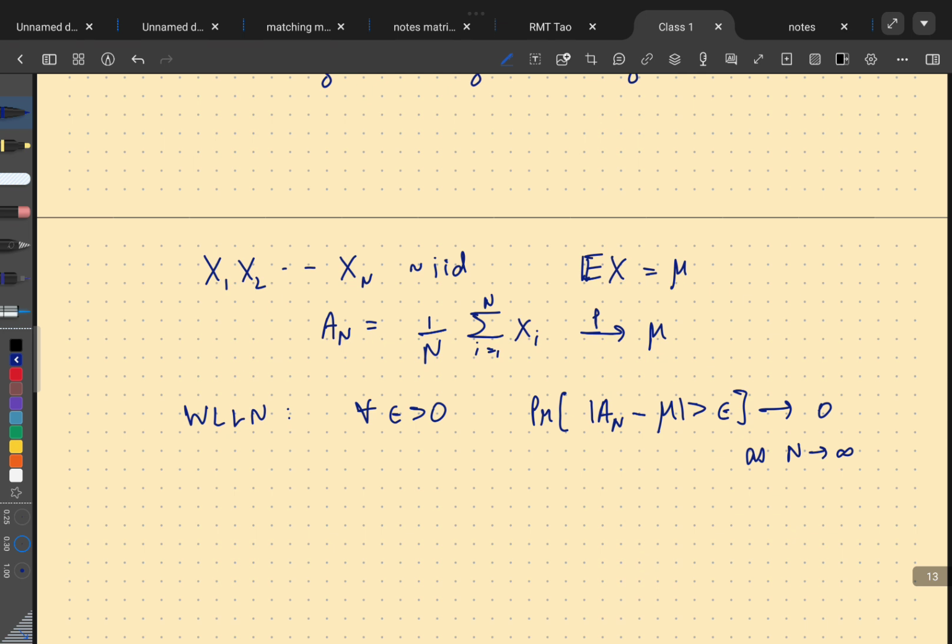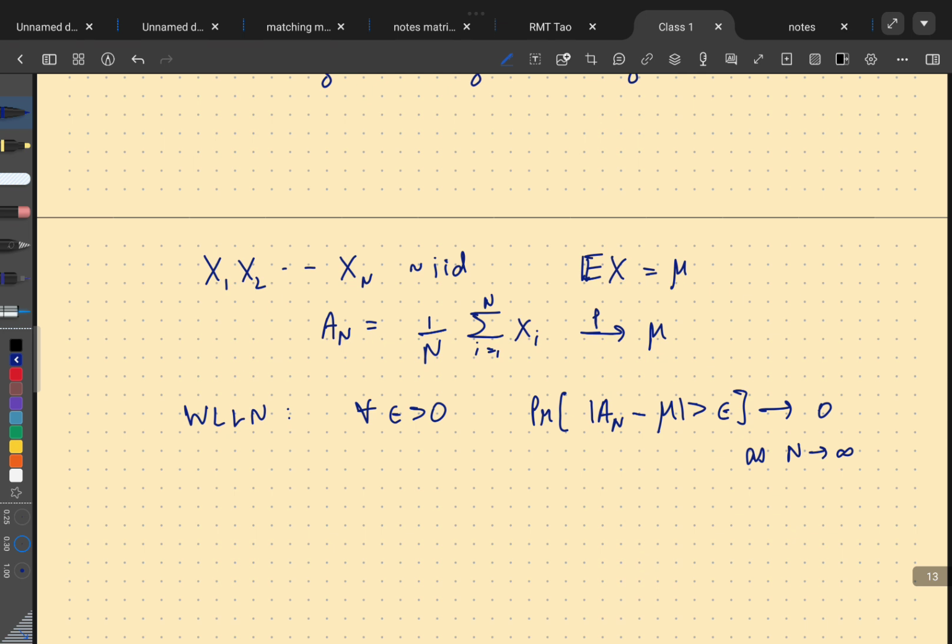We'll see some specific examples to see how this can be applied, but to be more concrete, the goal is to find out at what rate this probability goes down to 0. That will be the main focus of this entire course, for different classes of random variables, and this an could be something different. It need not necessarily just be an average.